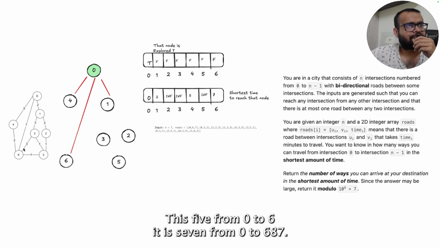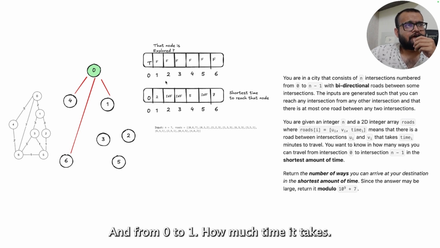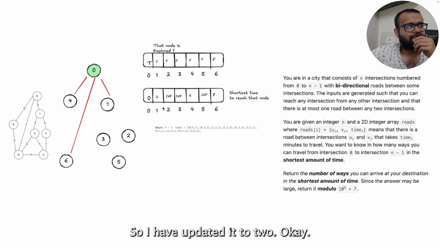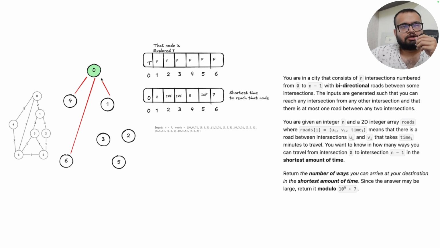From 0 to 6 it is 7, so I have updated the 6th node as 7, meaning it takes 7 seconds to reach 6. And from 0 to 1 it takes 2 seconds, so I have updated it to 2. Till now it's clear, right? So over here I have marked it as explored.